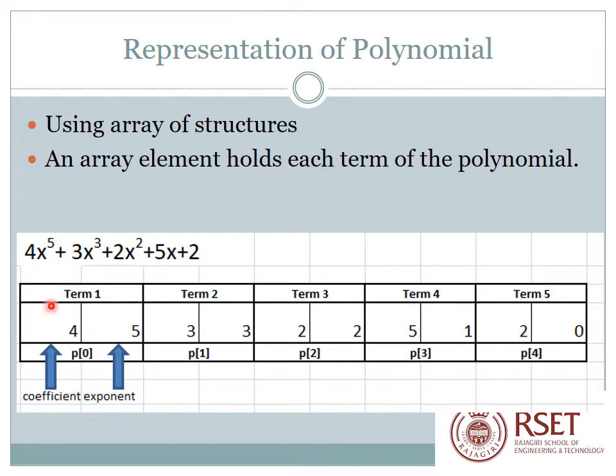That is, the coefficient occupies one portion and the exponent occupies the next portion, and this entire structure constitutes term 1.